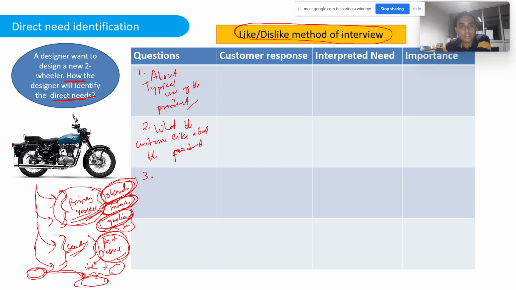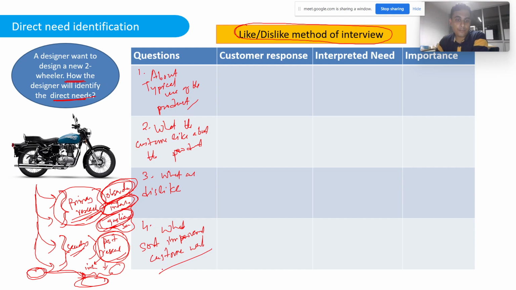The third type is what the dislikes are. So that's why it's called the like-dislike method. Fourth is what sort of improvements the customer wants. So these four types of questions comprise your like-dislike method of interview. You can have multiple questions on each question type.